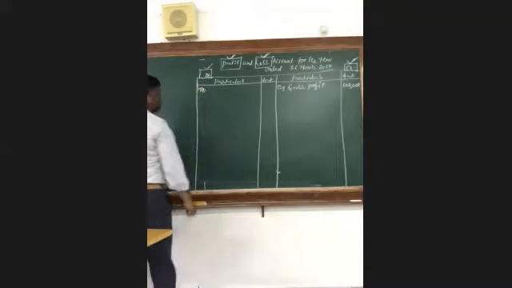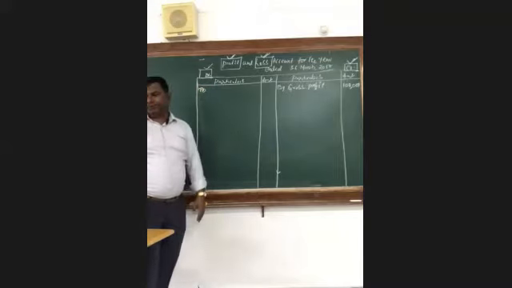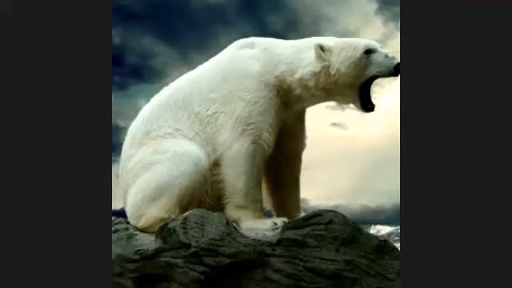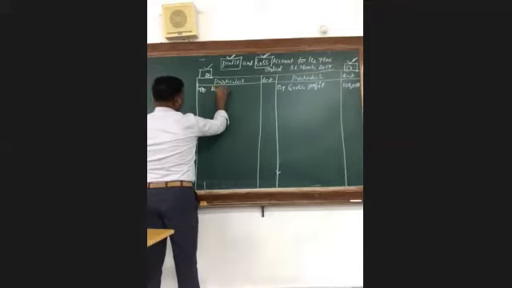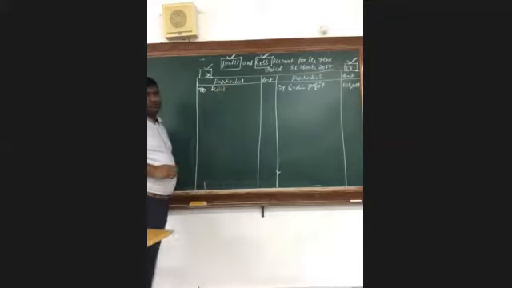What is the first item of expense? Rent. To rent. How much? 22,000.